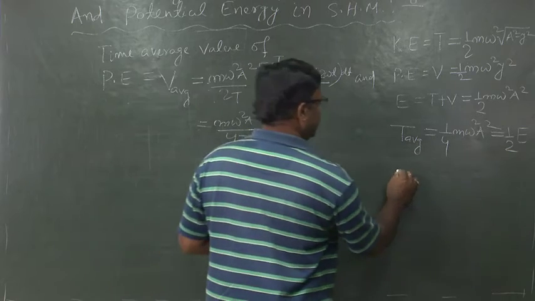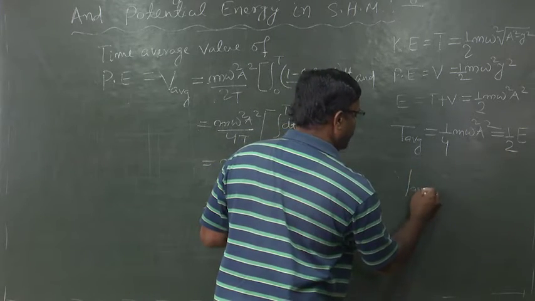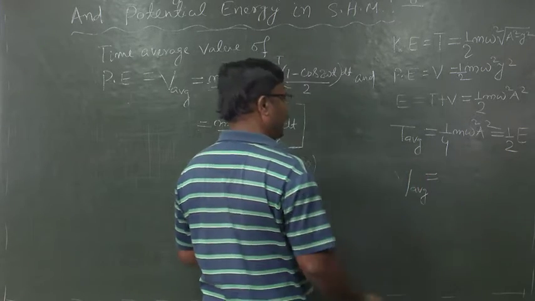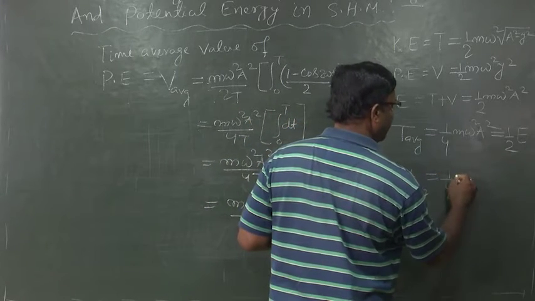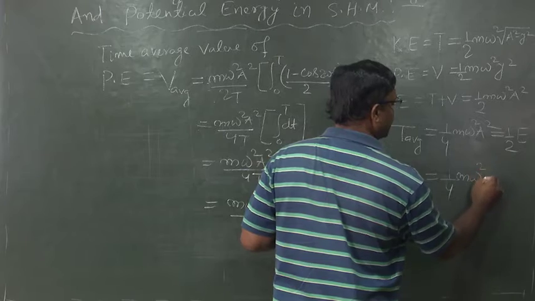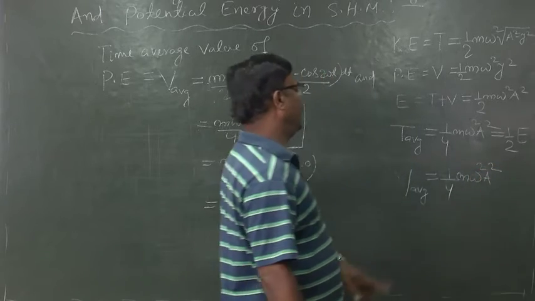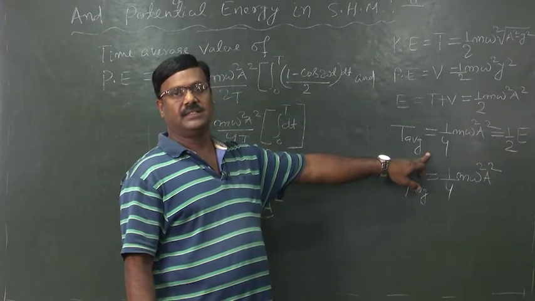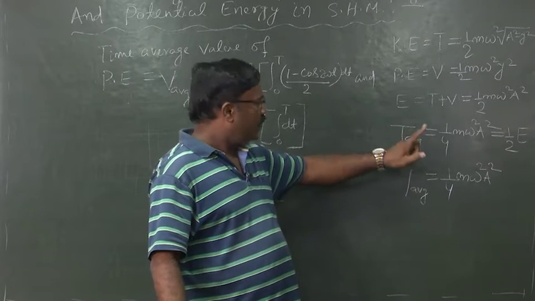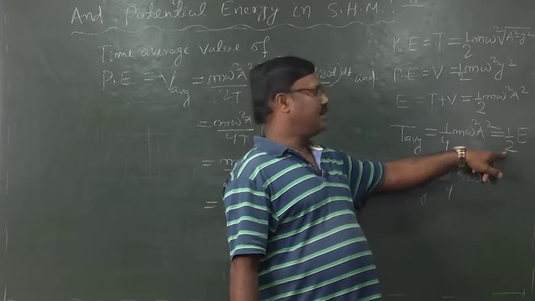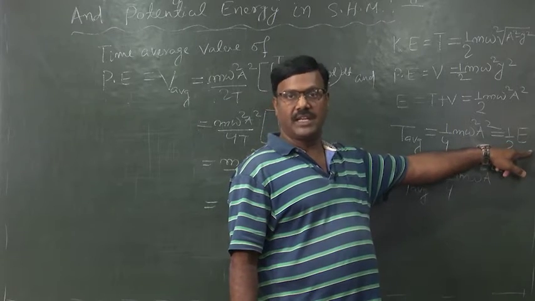That is, the time average value of potential energy is also equal to 1 by 4 m omega square a square, which is the same as the time average value of kinetic energy, which was previously shown to be half of the total energy.